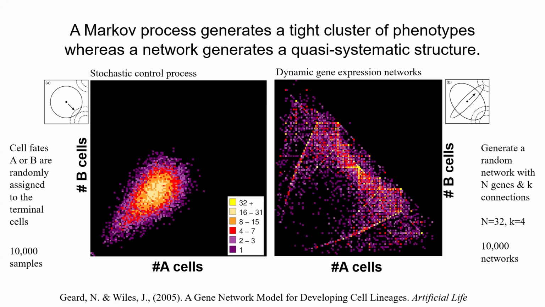So what we found is, again, 10,000 networks mapped. The most frequent are in the same place, an equal number of A and B cells. The size of the organism is specified by how many steps until probabilistically all of the cells will differentiate. But the neighbors are in very different places.